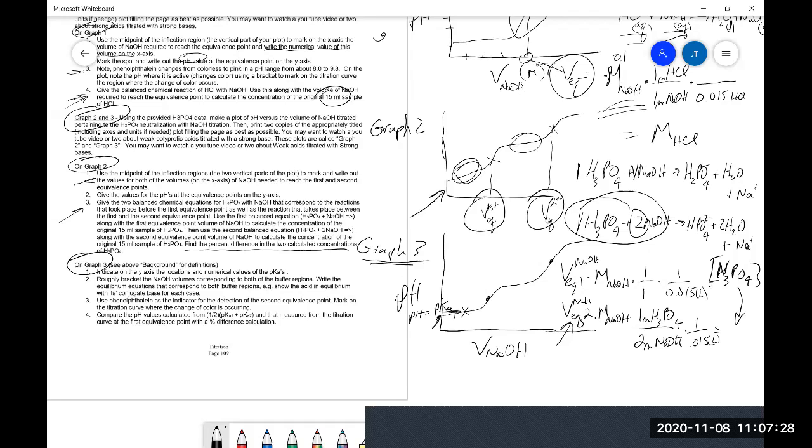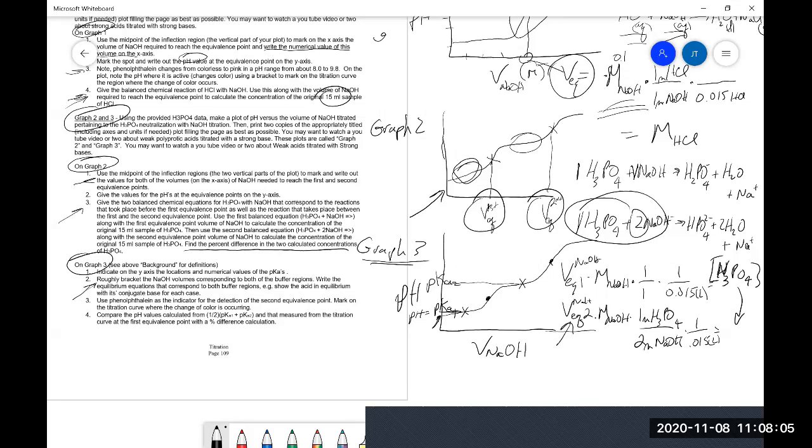And then right in between the two equivalence points, again, we have another half titration point, and the pH at that half titration point equals pKa2. So you're going to plot that out and mark it up, and understand why that's true from reading the lab. And then for number 2, it says roughly bracket the NaOH volumes corresponding to both buffer regions.